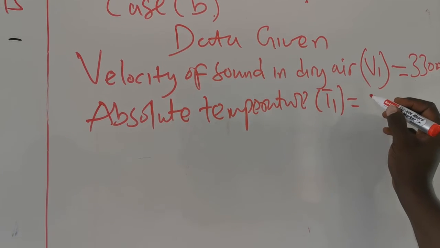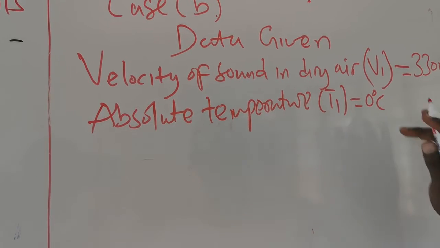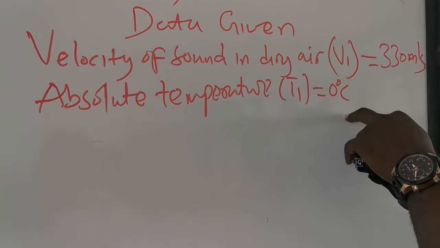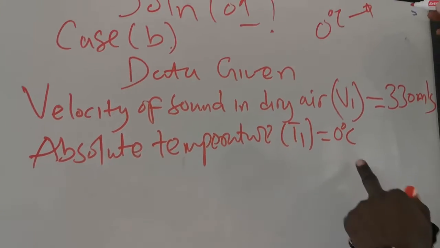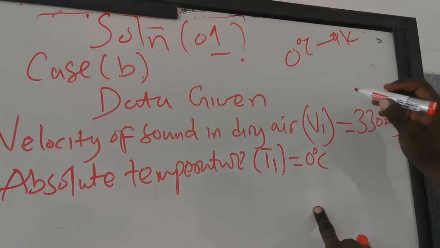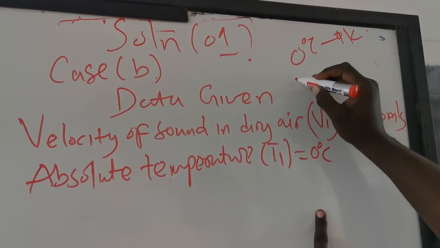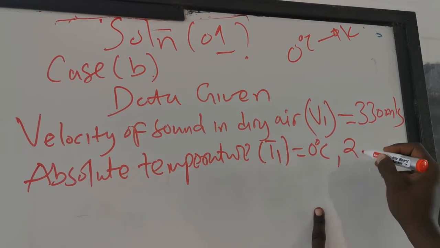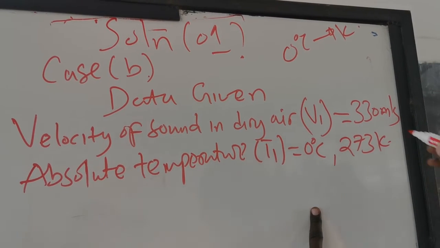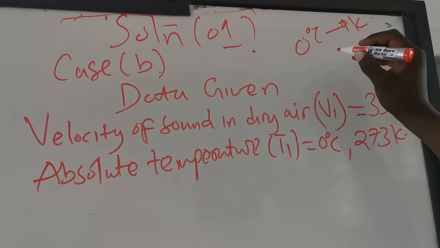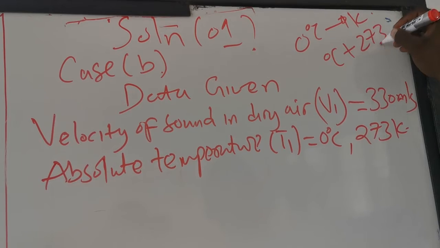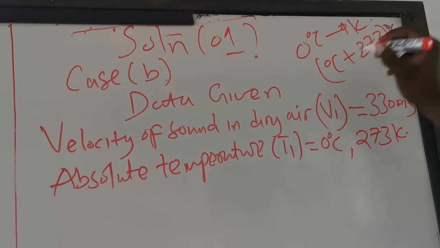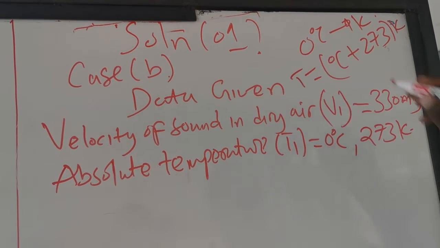Before ilikuwa ni 0 degrees centigrade, but this temperature ipo katika degrees Celsius. So tukiconvert this degrees Celsius to absolute temperature ambayo tunaita Kelvin, itakuwa ni 273 Kelvin, kwa sababu tunasema ya kwamba degrees Celsius ni plus 273, ndio nitapata temperature yangu in Kelvin au absolute.